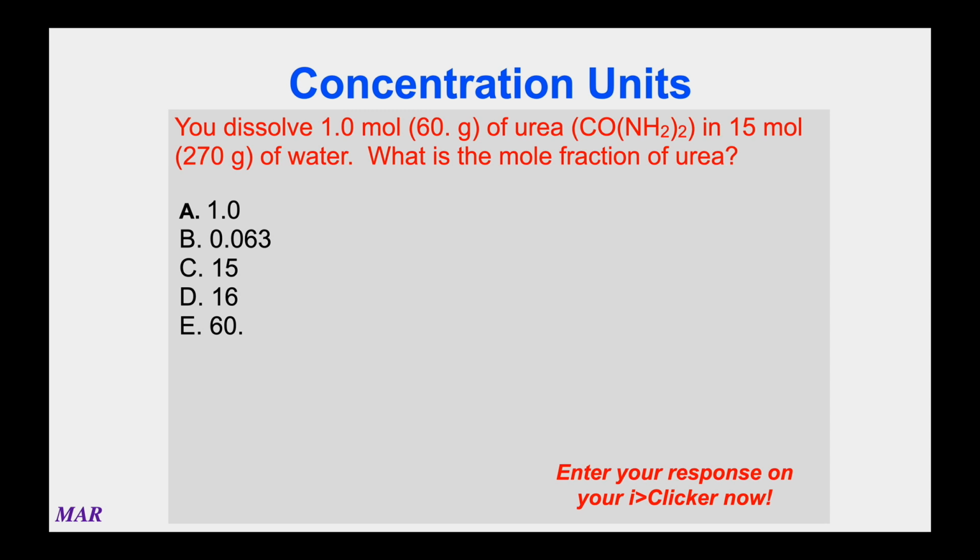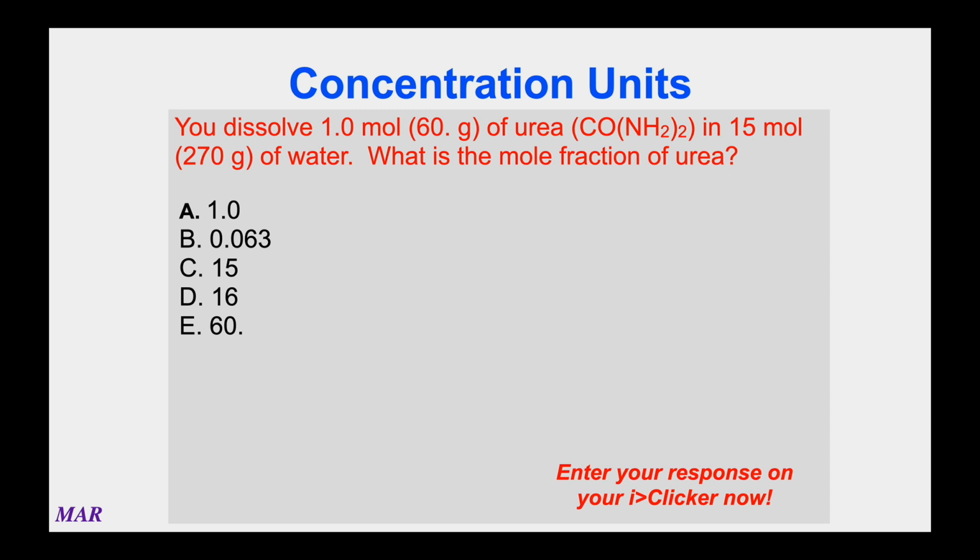Let's say that we're going to dissolve 1 mole, which is 60 grams, of urea. Urea is a solute, and we're dissolving it in 15 moles, which is 270 grams, of water. And the question is, what is the mole fraction of urea? This is the kind of problem you might see.